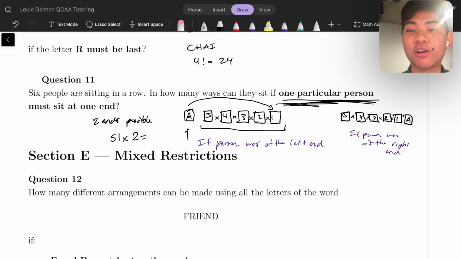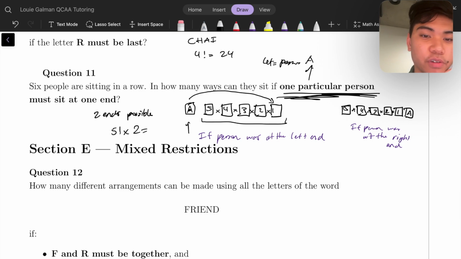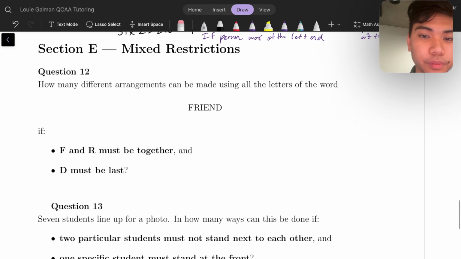So we have to account for those 2 different positions for person A, or that one particular person. So that's going to give us a value of 240 different arrangements.